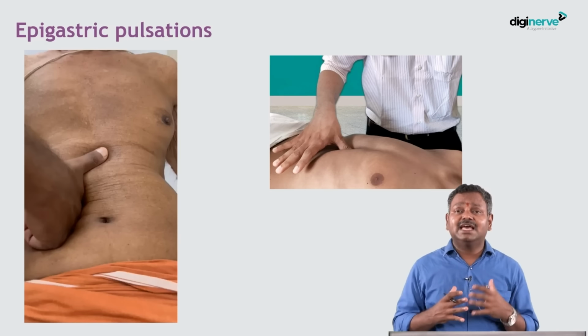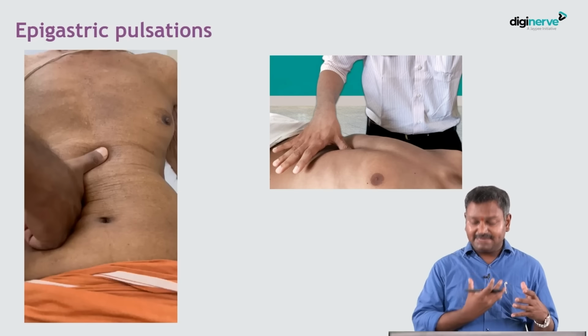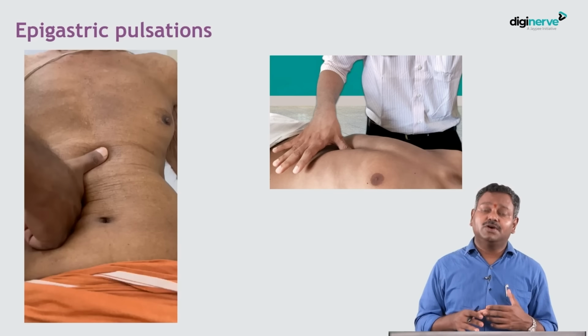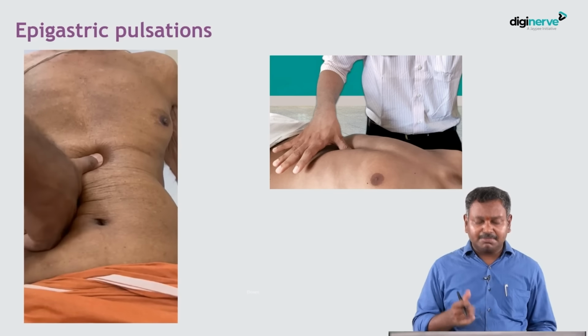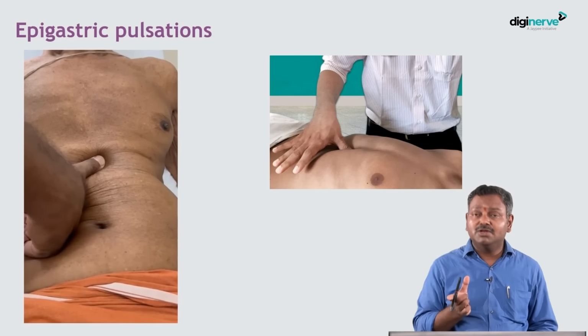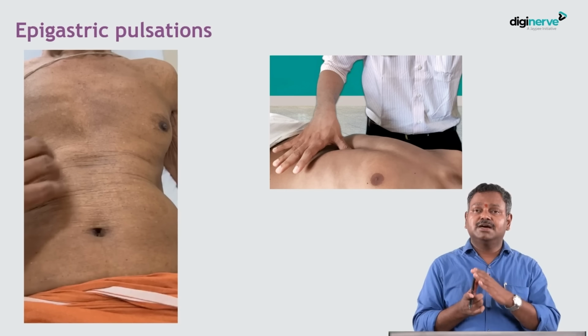Next is the epigastric pulsations. Again in the epigastrium, the cardiac chamber which can be felt is the right ventricle. But remember, in the epigastrium you can have the aorta also. So you feel the epigastric pulsations by using your thumb. You place the thumb in the epigastric region below the xiphisternum. Ask the patient to hold a deep breath so the diaphragm comes down.